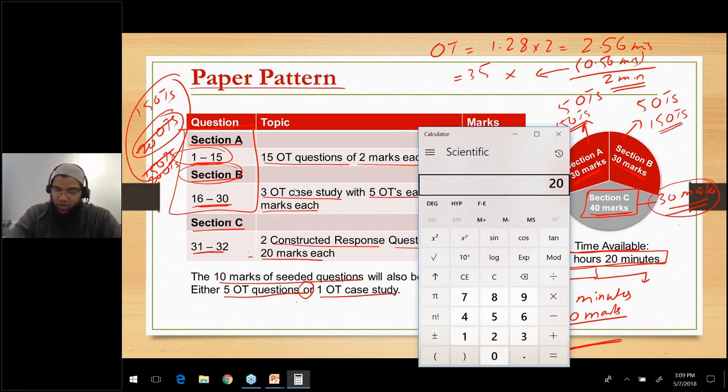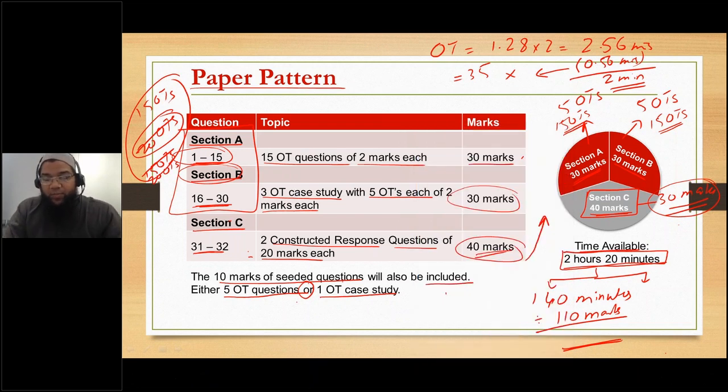Have I done anything wrong? 20 into 1.28, 140 divided by 110. Okay, yes. So approximately you will have 35 minutes for each constructed response question in the exam. Even then, if you feel the time you have is comparatively less, you will be required to save more time in the OT questions.